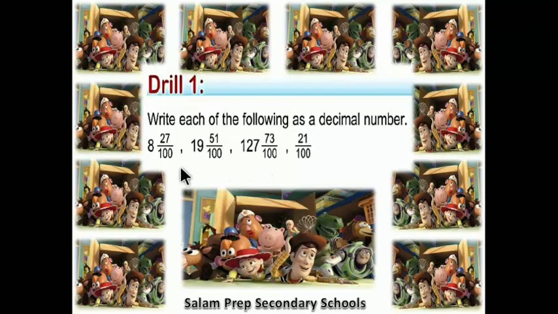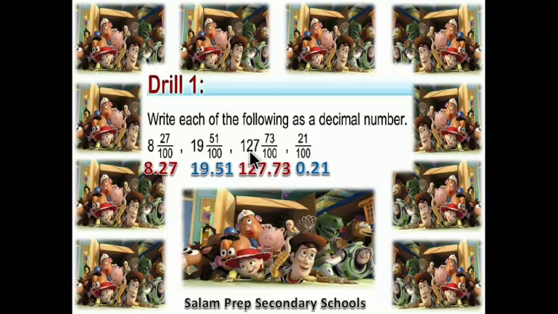Look, these numbers are mixed numbers, so we can write these in decimal form as we did before. 127 and 73 over 100. Please write first the decimal point, okay?